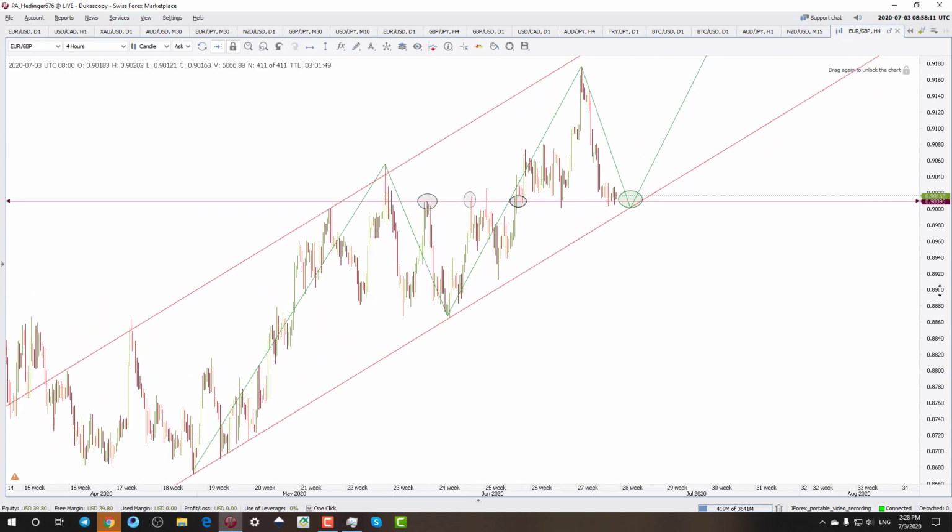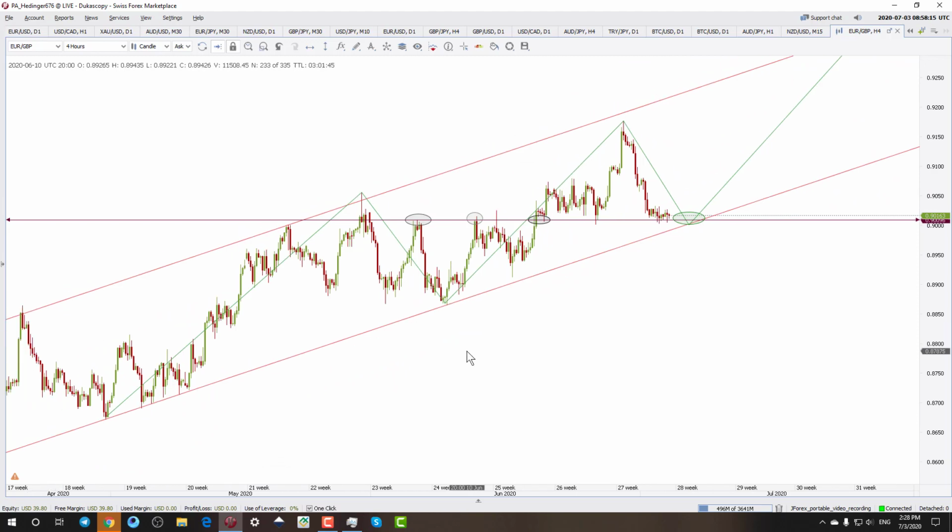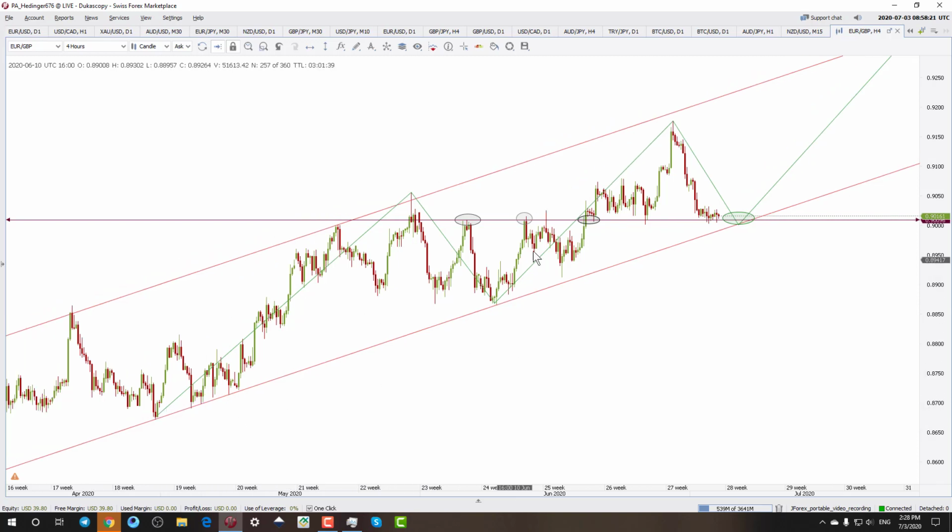But my request to you is that if you are going to trade the channels, then there are a few things that you have to keep in mind. First thing is that when you are trading an uptrending channel, okay, you don't have to open sell positions at the resistance. In the uptrend you only look for the buying positions, and in a downtrend you only look for the sell position.